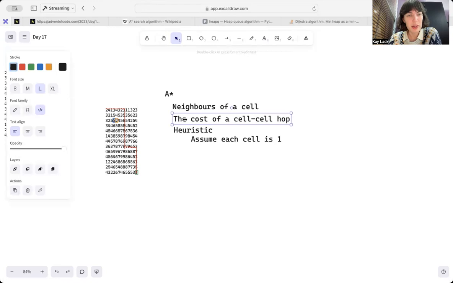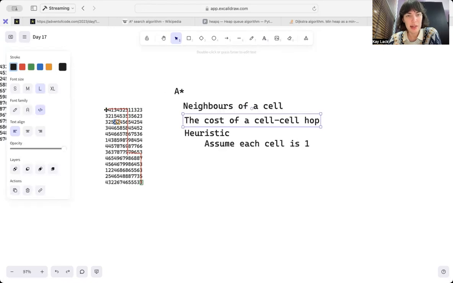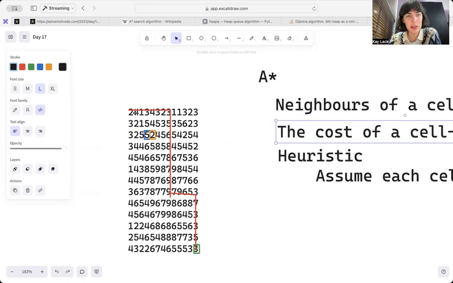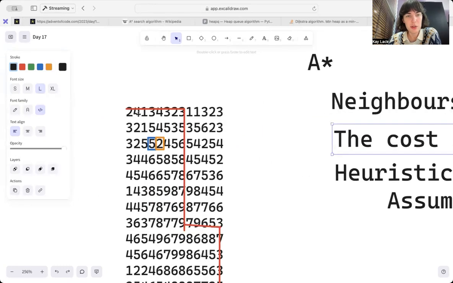The cost we know, and the cost of the cell jump, I believe, should be the cost of the cell that we are going into. So to get from 2 to 4, we should incur a cost of 4. That way we handily cover the requirement that we don't count the 2.